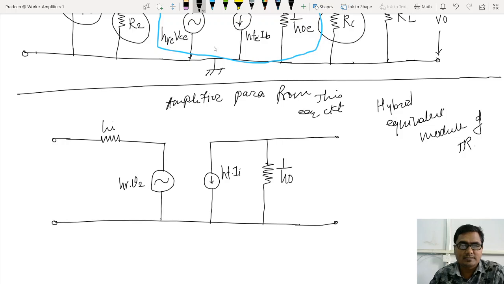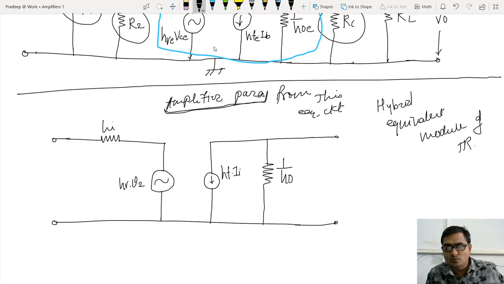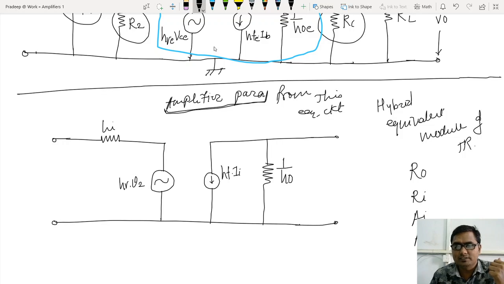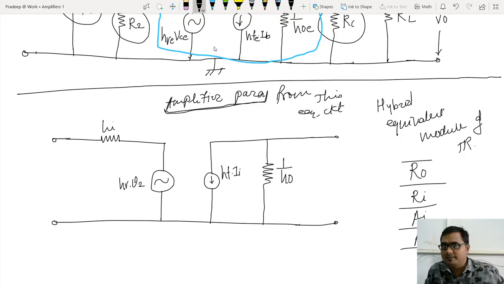First, before starting, let us know what those amplifier parameters are. This is the transistor equivalent hybrid model, and from that I am deriving the amplifier's parameters. I am talking about output impedance, input impedance, current gain and voltage gain. Those are four basic parameters for any transistorized amplifier circuit, or for any amplifier, and they are always considered.